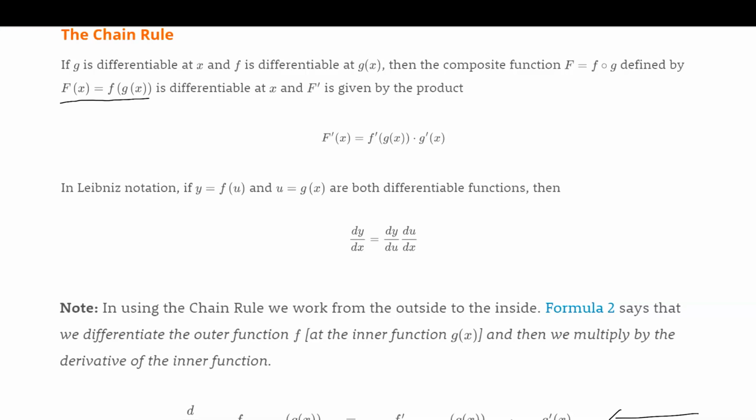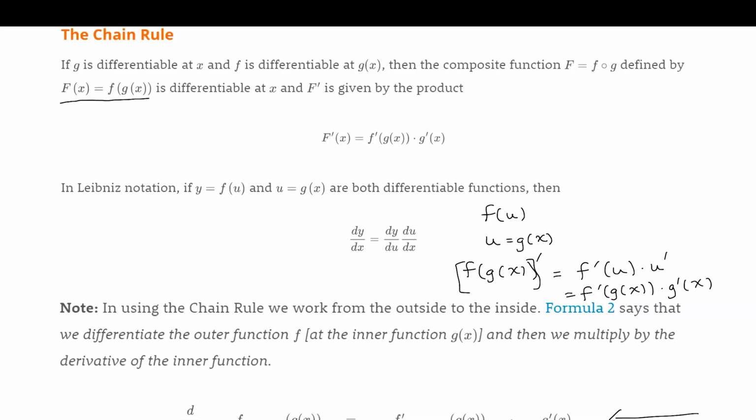Now, in the middle here, they show the Leibniz notation, so that if we think of the function f as being a function of u, and u as being g of x, then we would take f prime of u, so f of g of x, if we want the derivative of that, we would take f prime of u times u prime, or f prime of g of x times g prime.